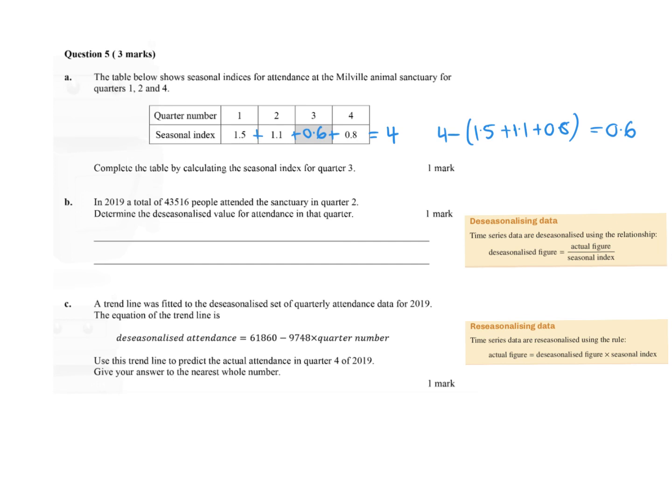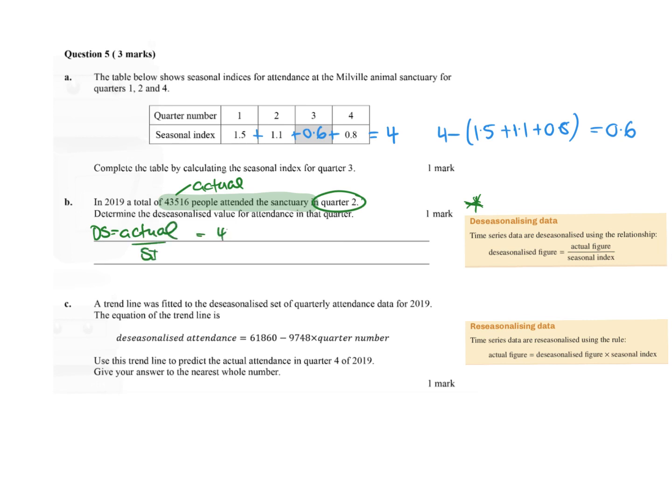In 2019, a total of 43,516 people attended the sanctuary. As soon as I know that they are telling me what actually happened, there's an actual, and they said for quarter 2, determine the deseasonalized value. So I grab that little formula again: DS is actual over seasonal index.